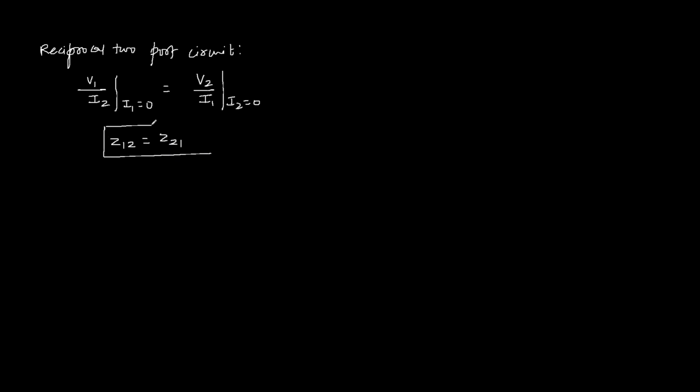And we have the expression for Z parameters in terms of Y parameter. So Z12 is minus Y12 over del Y, and Z21 is minus Y21 over del Y. So this will give Y12 is equal to Y21.